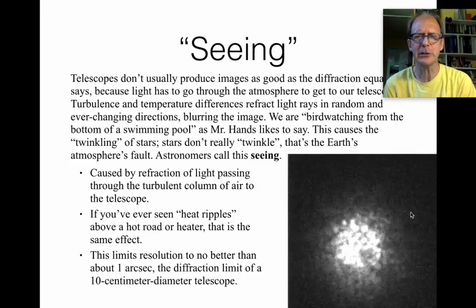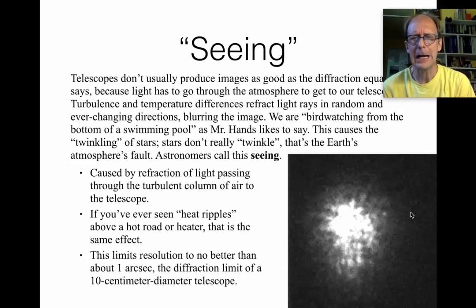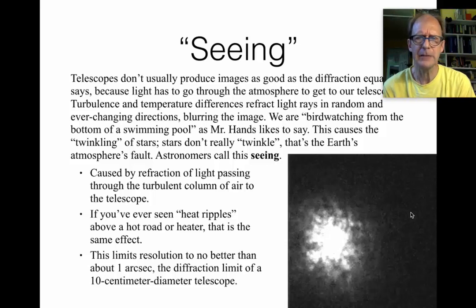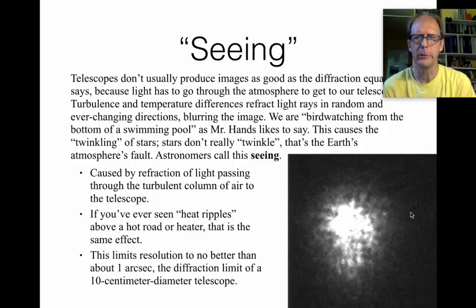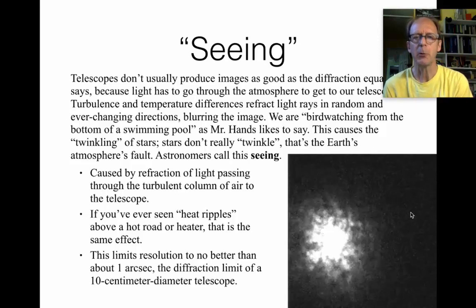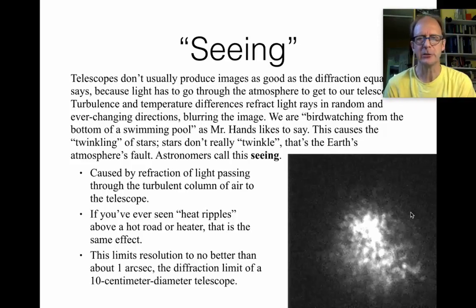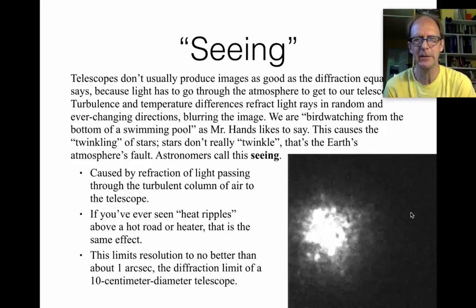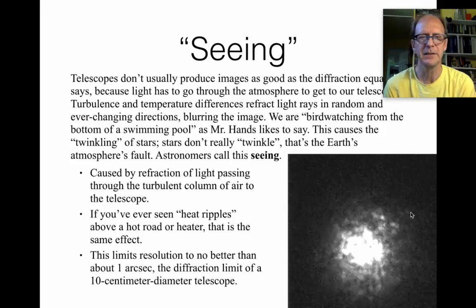This animation is showing, highly magnified, the image of a star as it jumps around. So the Earth's atmosphere is causing it to jump around. It's also breaking up the image into, if you look inside that moving blob, little blotches inside of it.